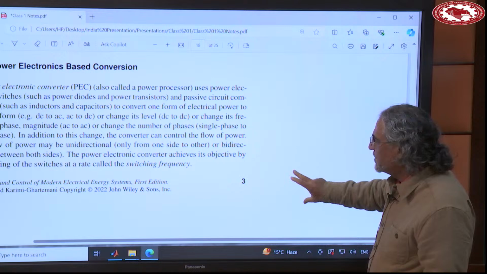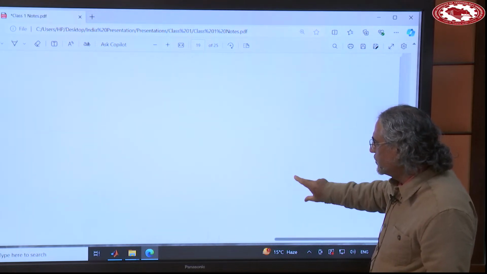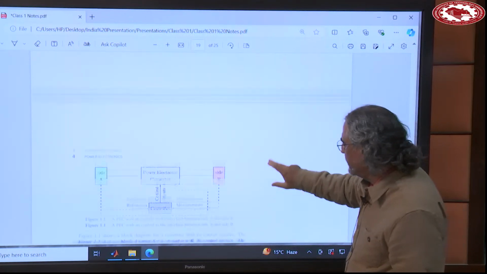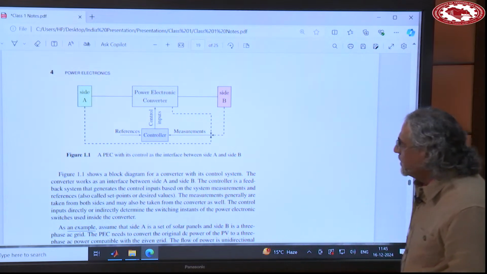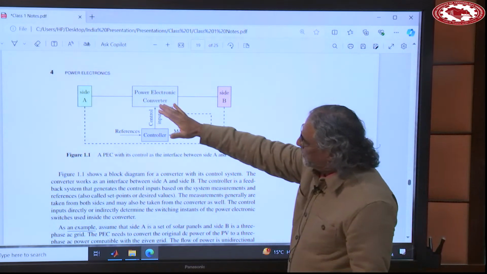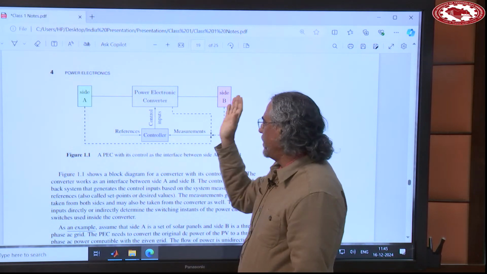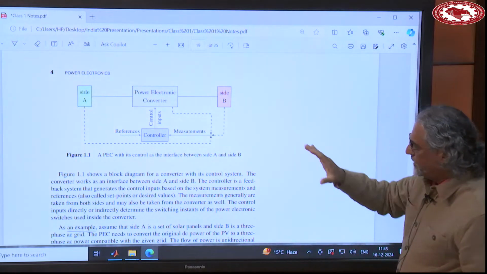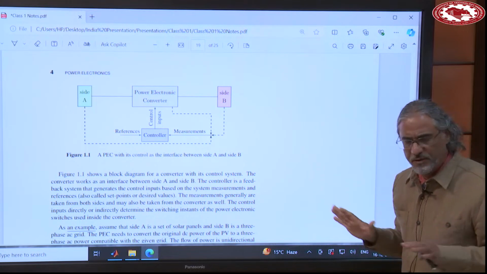So the switches that we have, this diagram, I'm sorry, I have to learn a little bit how to go forward. This diagram shows what power electronics does. It is an interface between two sides, let's say side A and side B. I didn't specify what side A and side B are, to keep it general.